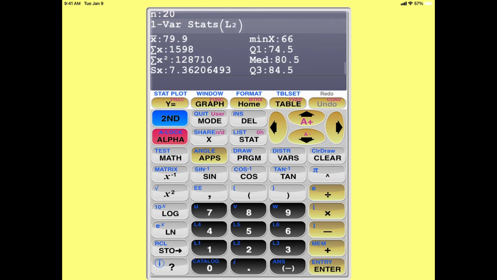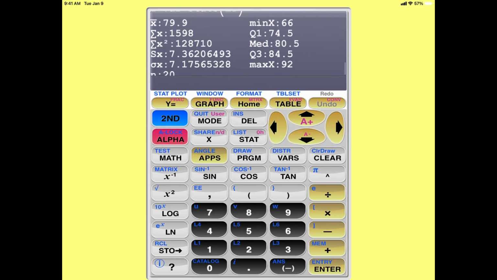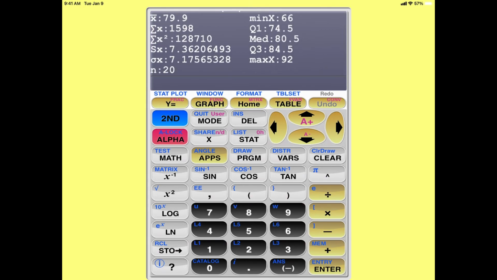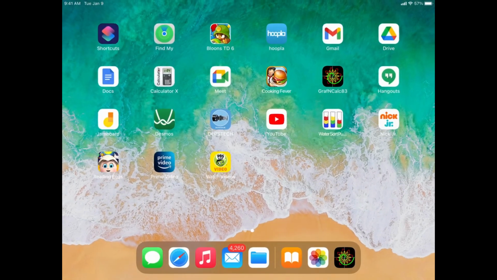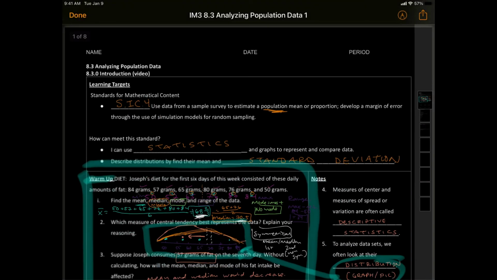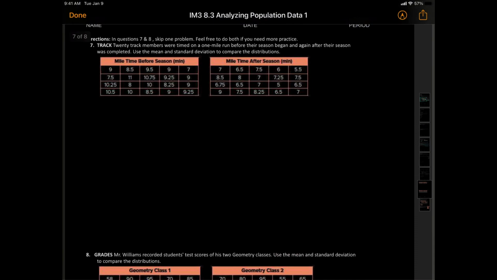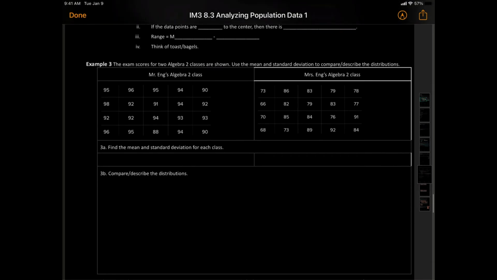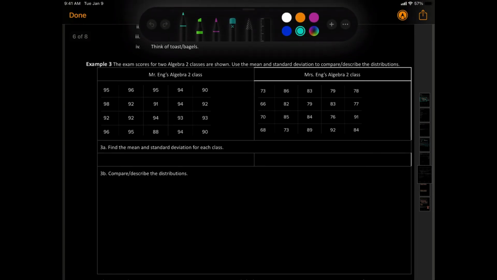And then these numbers here are the mean and population standard deviation for Mrs. Ng's math class. Let's go ahead and write that in there. So that would be an x bar of 93.2 and a population standard deviation of 2.3.